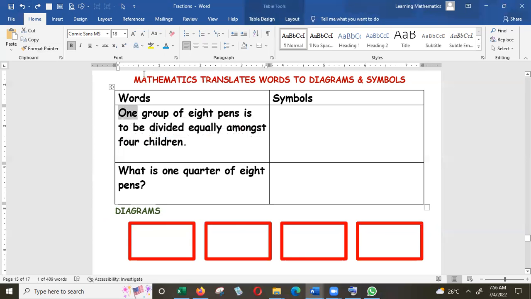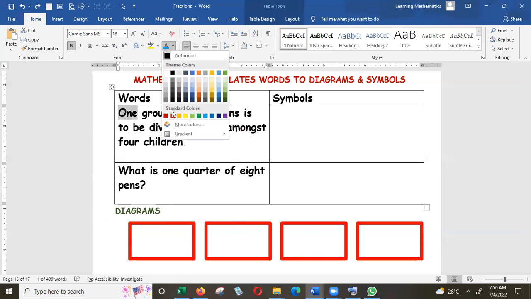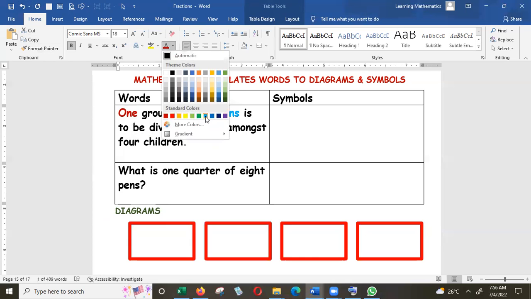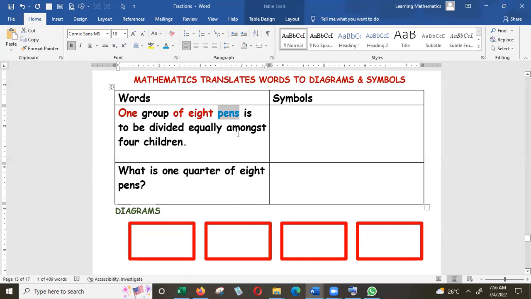And the word 1, as we said, has its symbolic translation. The word 8, even the word of, has its symbolic translation. Pens, not really, but we may have to use a diagram for it, just like how we use a rectangle for children, okay?